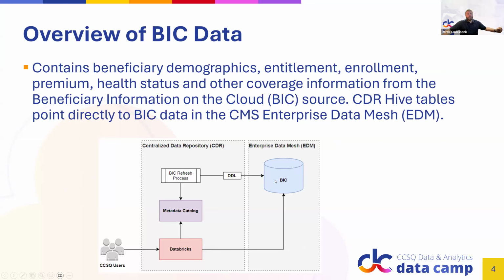However, the actual physical objects are not stored within our CDR. They are stored within the EDM. With every database table there are two concepts: a metadata catalog, and then the actual physical file objects where the data resides.